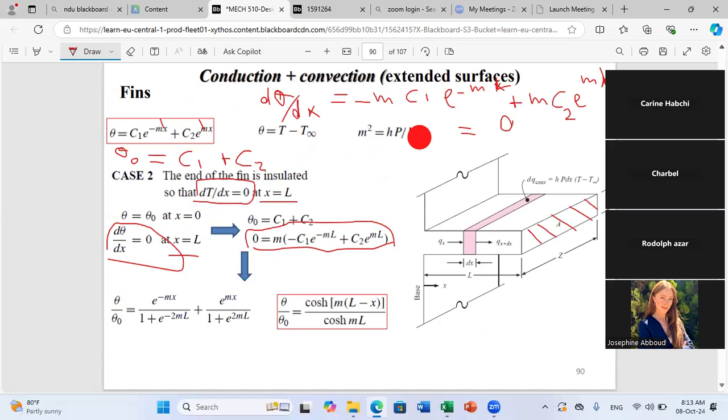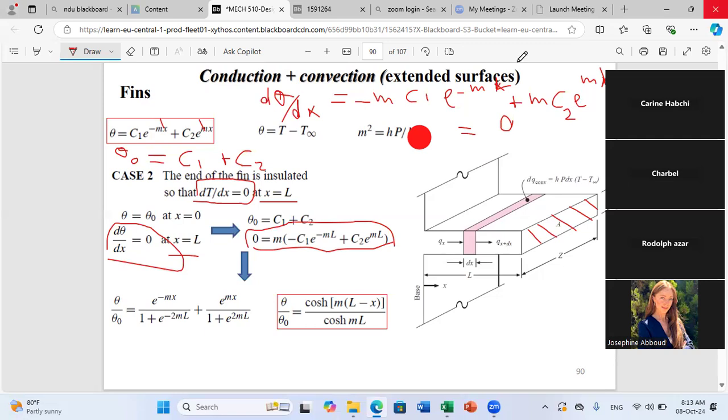But they should tell you, for example, that the end of the fin is insulated or adiabatic. Or another possibility, they can tell you we have a convection at the end of the fin, and they give you the convective coefficient, and you work as we did usually.